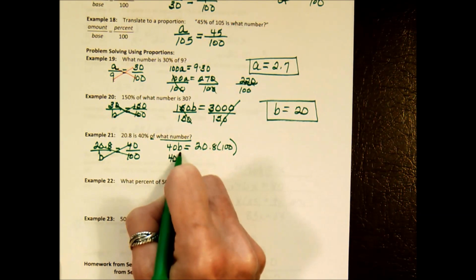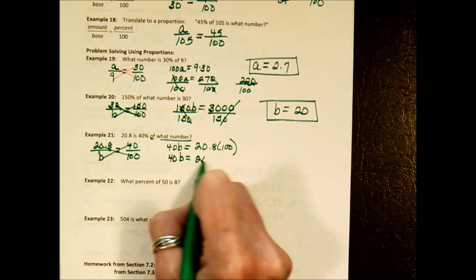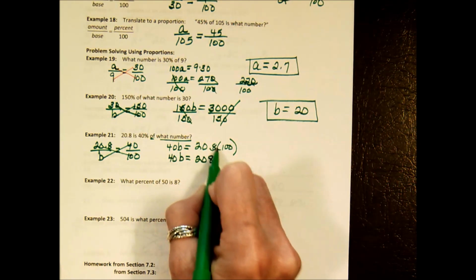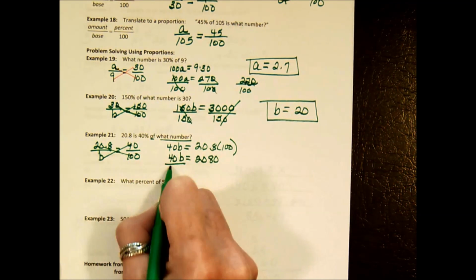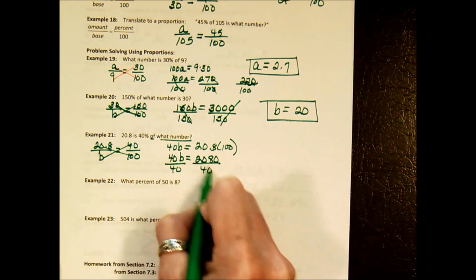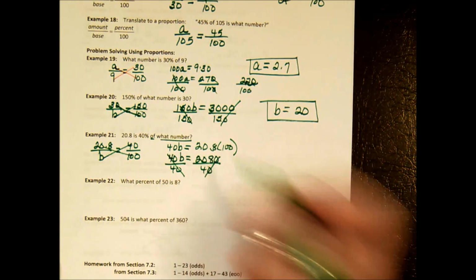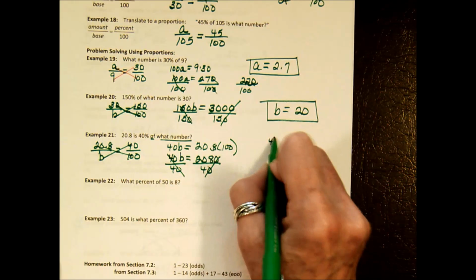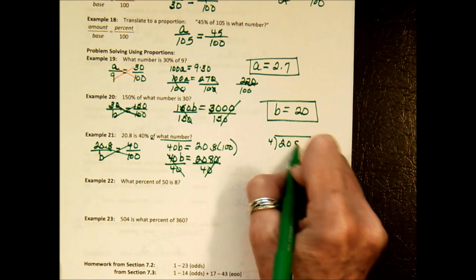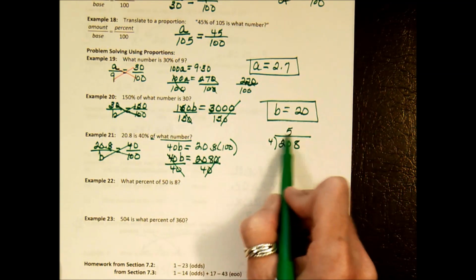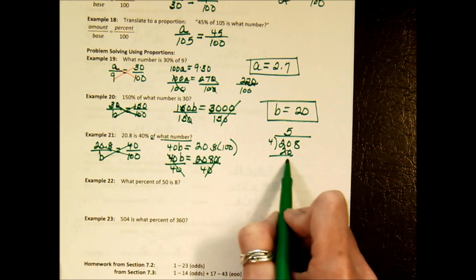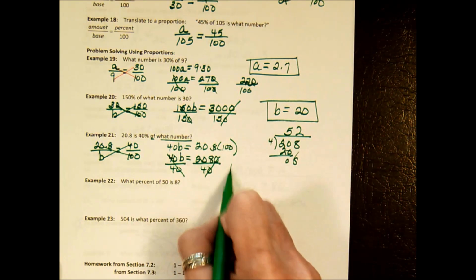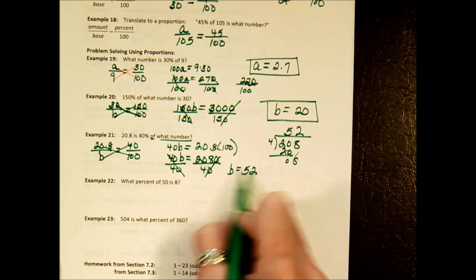So 40B equals 2080. Divide both sides by 40. I have 4 into 208, which is an easy division because it is even, and I get the base is 52.